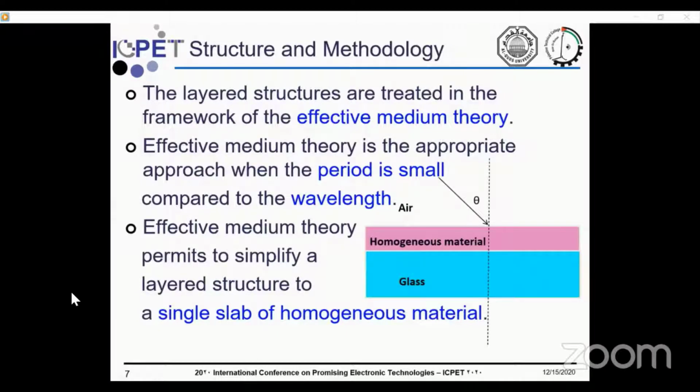This method is used when the period is small compared to the light wavelength. Effective medium theory permits us to simplify a layer structure to a single slab of homogeneous material.